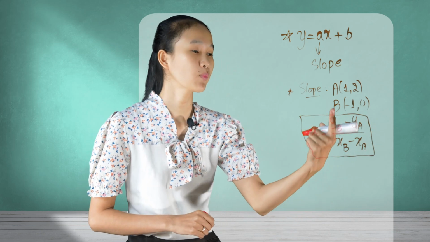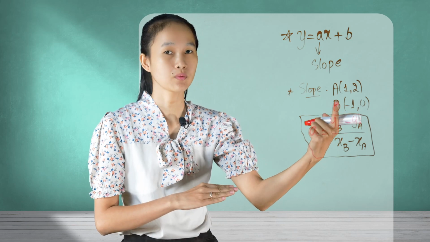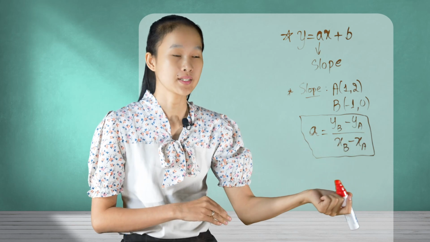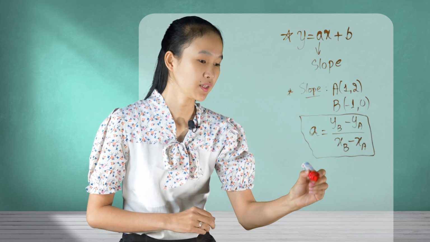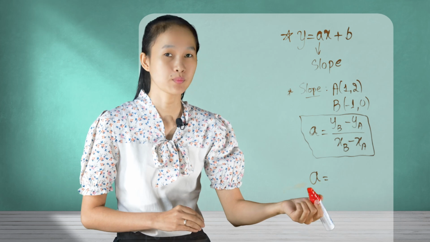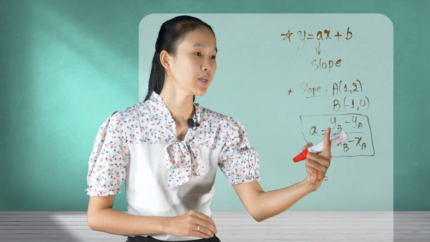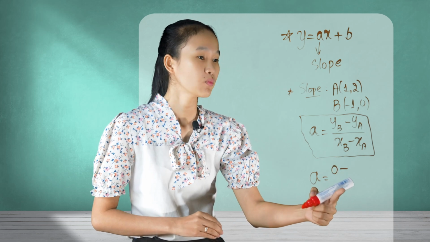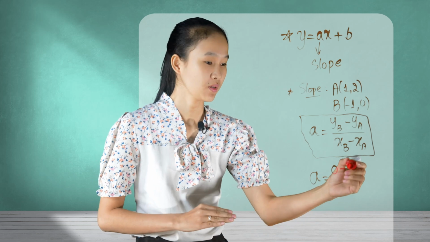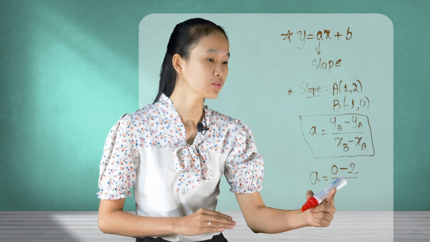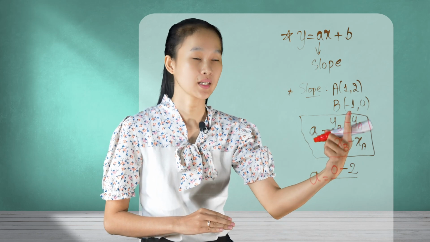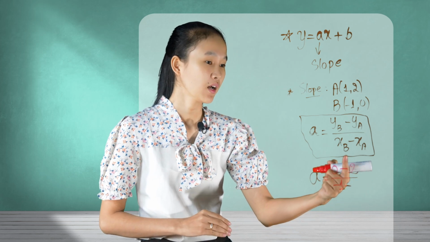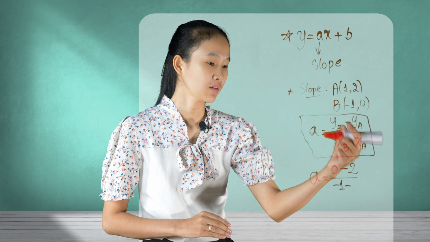Now that you have point A with the coordinate 1, 2, and point B with the coordinate negative 1 and 0. If you want to find the slope, yB is 0, so 0 take away yA, which is 2, over xB, which is negative 1, take away xA, which is 1.